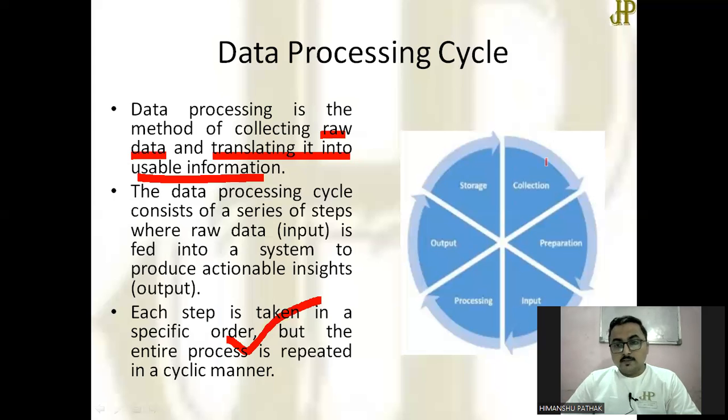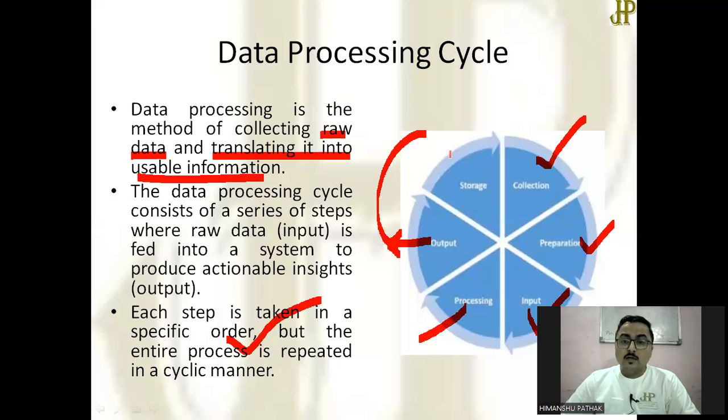Starting with the collection of raw facts and figures, we prepare that data, and then the prepared data is input to the computer. Now, this prepared data is processed. Then the output comes out as information, and that information is stored for data analysis.